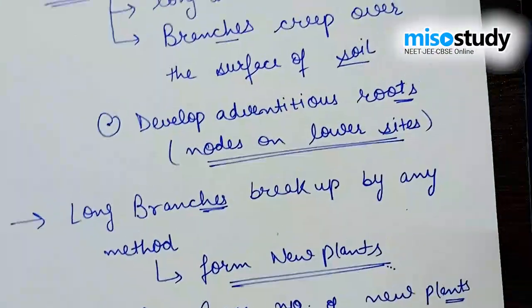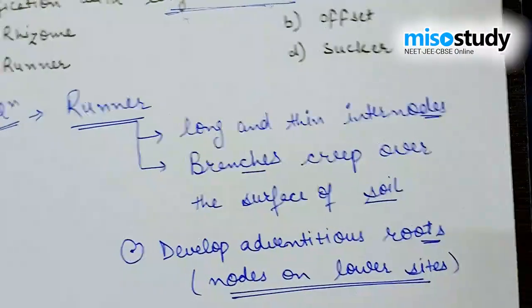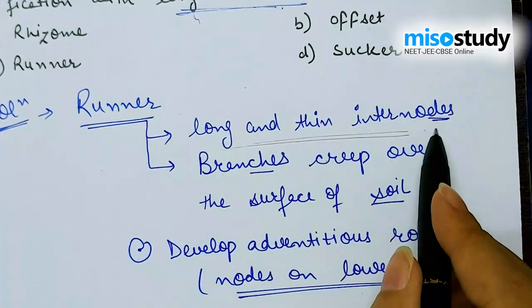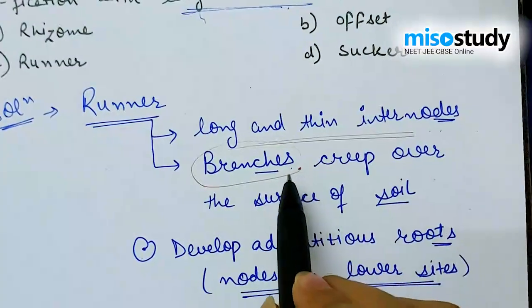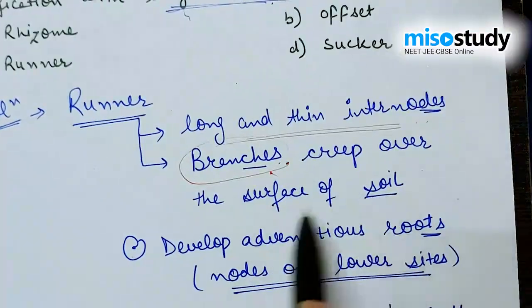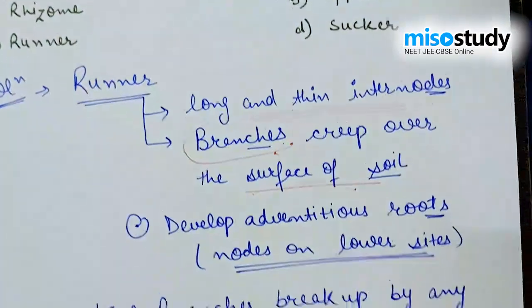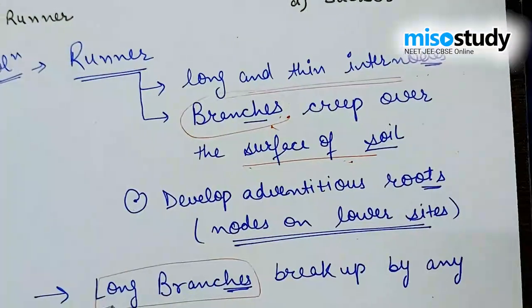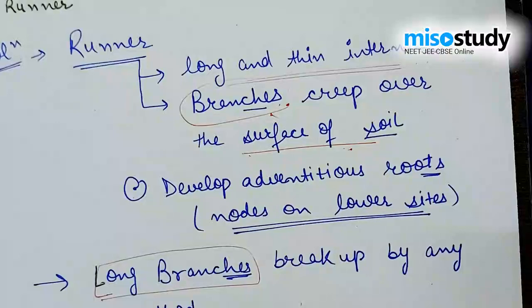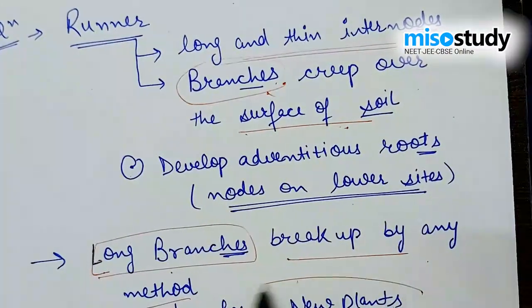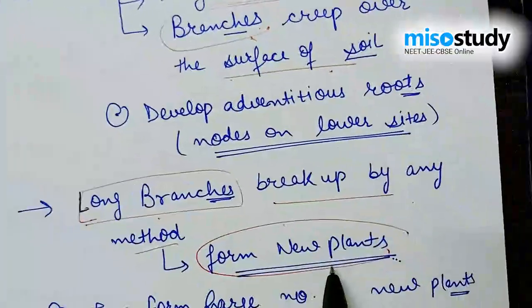So runner is the option. Why? Because they generally possess long and thin internodes and branches that creep over the surface. Because they possess long internodes, the long branches break up by any method and help to form new plants.